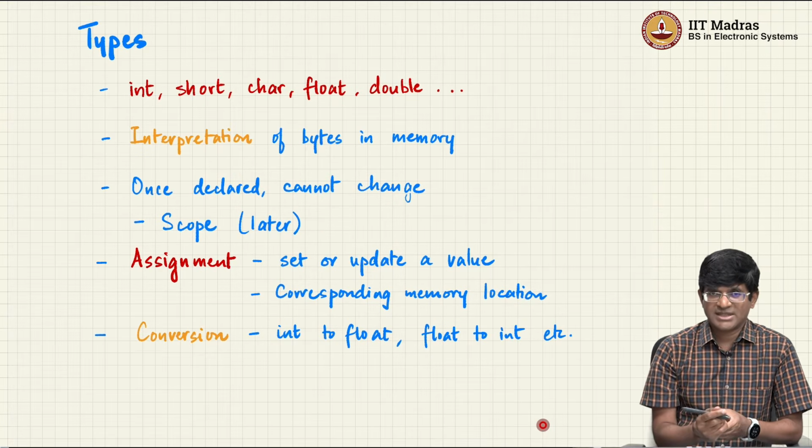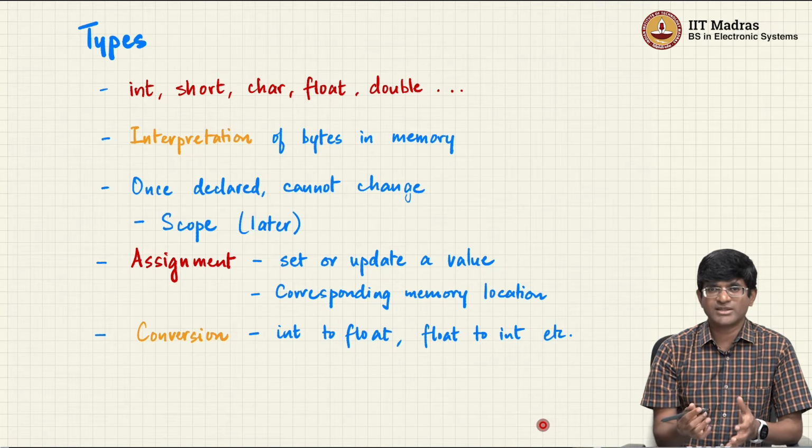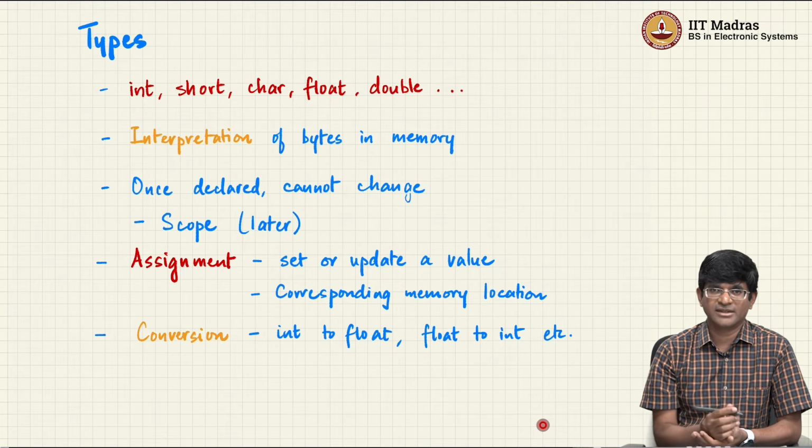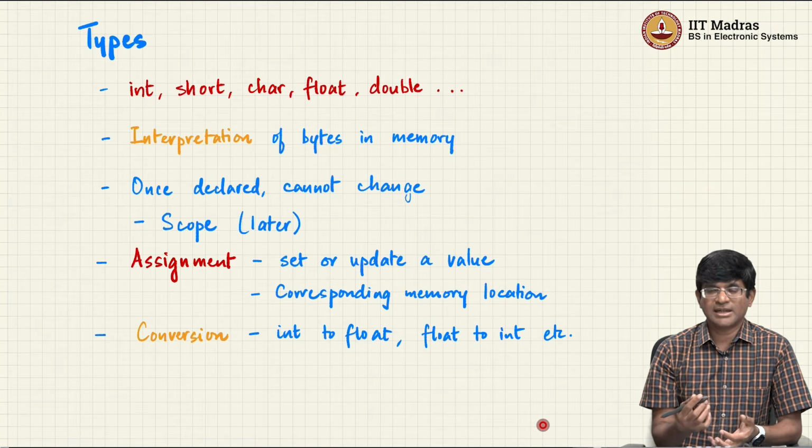One other thing that happens in C is that it tries to recognize the fact that the different numeric data types, integers, floats, shorts and so on, are all numbers. This means that implicitly the compiler will help you with certain simple things.